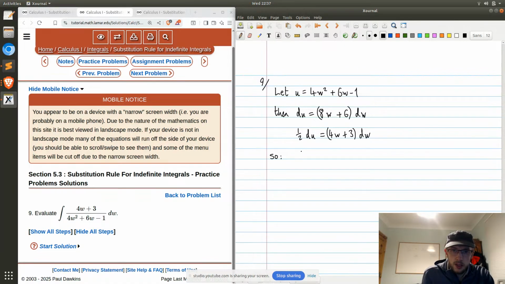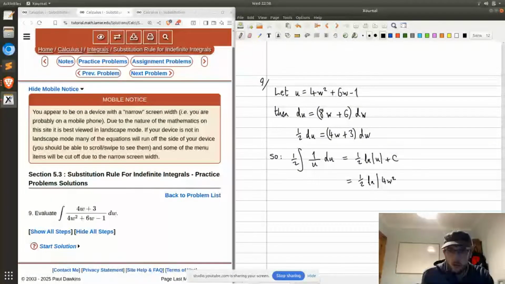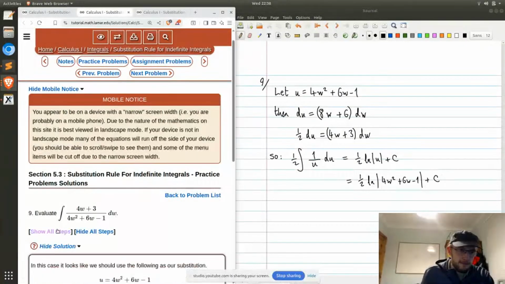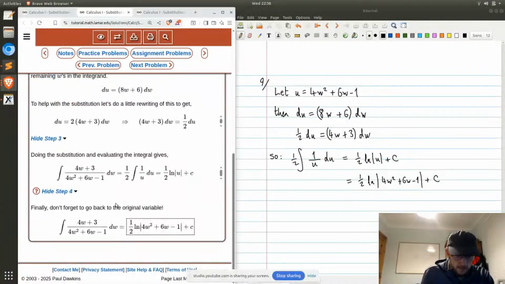So the original integral becomes 1/2 du, which is a half u plus c, which is a half of 4w squared plus 6w take 1, plus c. That's correct.